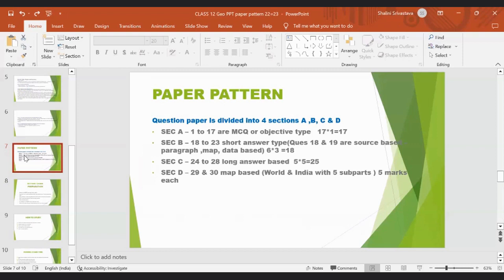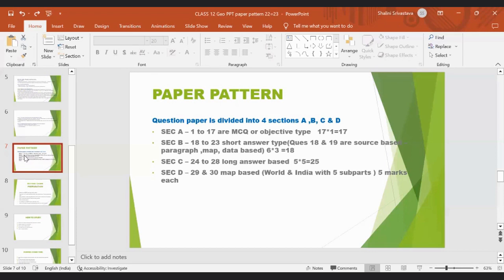Then Section C is question numbers 24 to 28, and it is long answer based, 5 marks each. So 5 questions are there, 5 marks each. It comes to 25. Section D is question numbers 29 and 30, which are map-based questions, in which an India and a world map will be there.